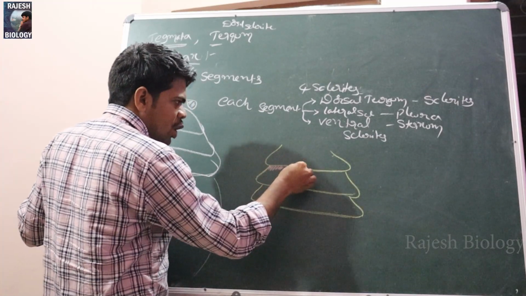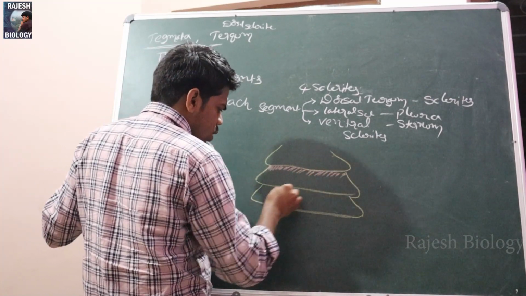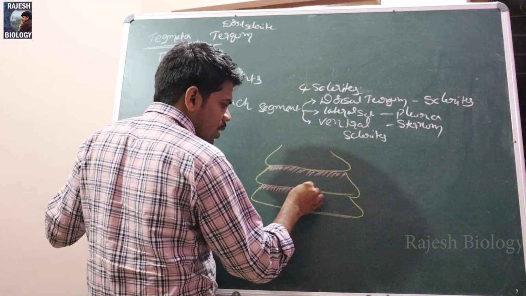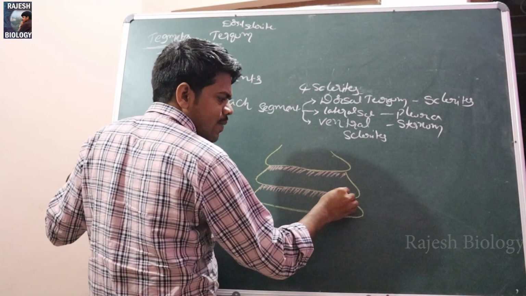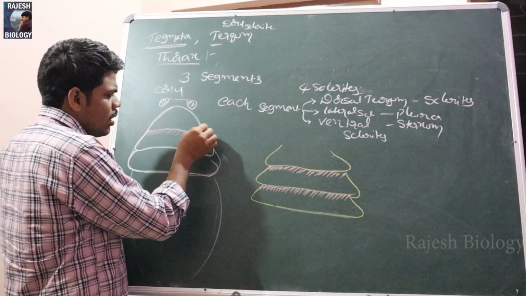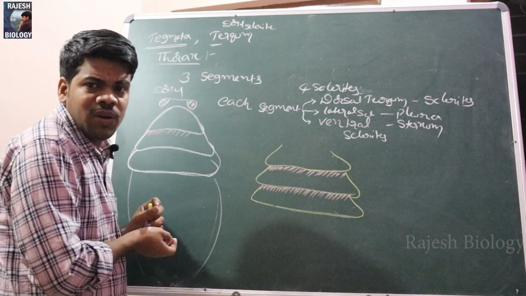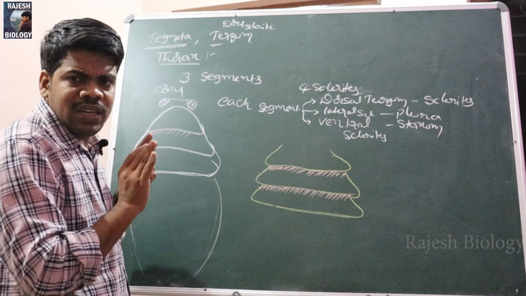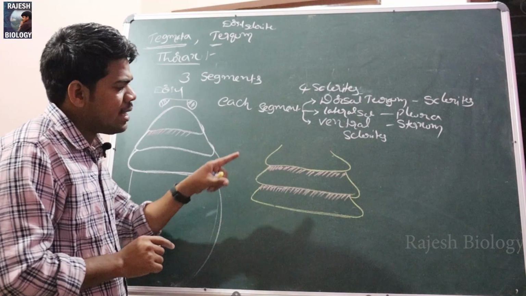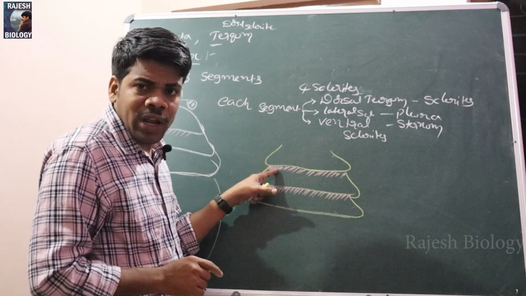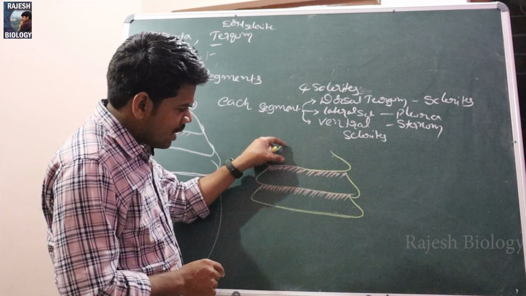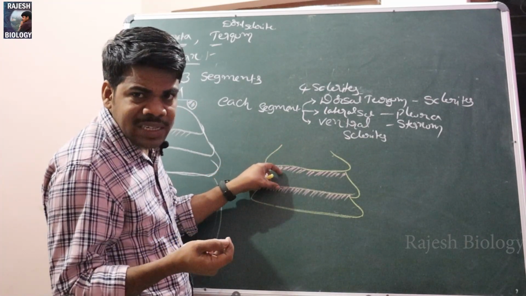There is a specialized membrane called the arthrodial membrane, which is flexible. Tergites and sternites are not flexible. They can't move in a flexible manner. These are chitinous plates. They never show any flexible movements. But because of the arthrodial membrane, one tergum or one sternite moves a little bit from the next sclerite.